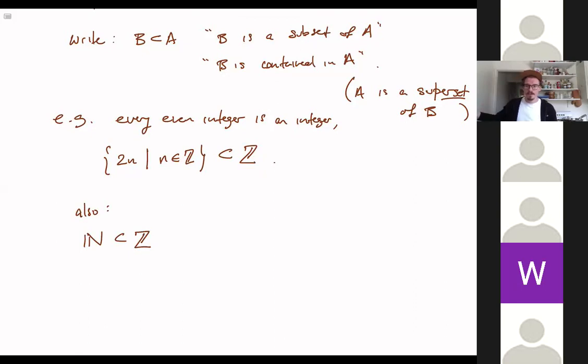So 0, 1, 2, 3, etc., instead of also containing negatives. And the integers are contained in the rational numbers because every integer can be written as a fraction, just itself over 1. And the rational numbers are contained in real numbers. The real numbers are contained in the complex numbers. So we have a bunch of containments like this.